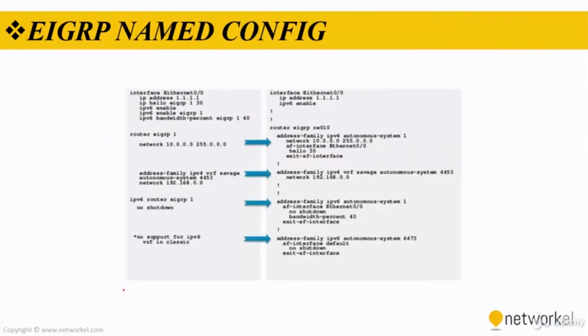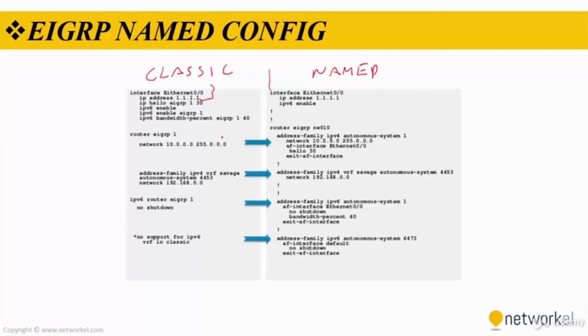And here is the most important part of this session. For example, here is the classic EIGRP config, and this side is the named EIGRP config of the same configuration. Here, as you can see, to configure EIGRP we are using the interface name, and we are giving our IP address.